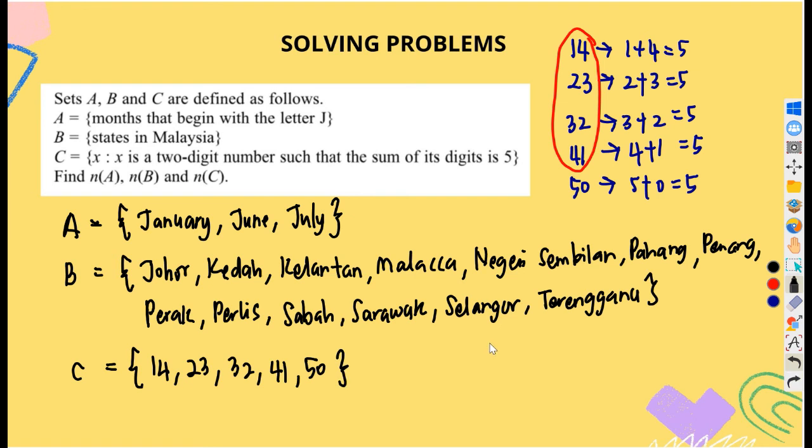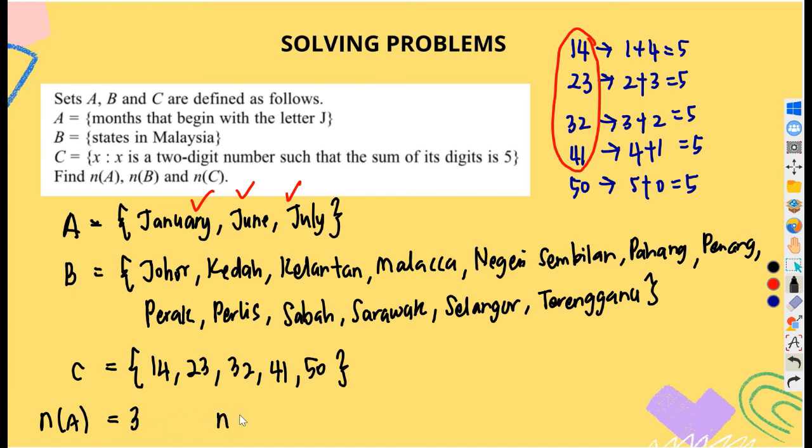Okay, so now we need to find the number of elements for A. January, June, and July: 1, 2, 3. So the number of elements for set A is 3.